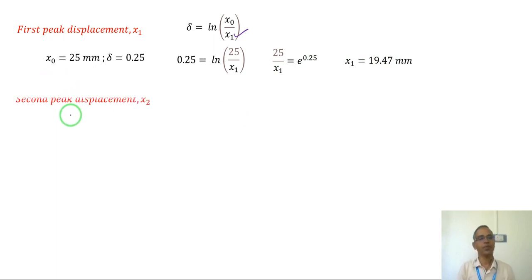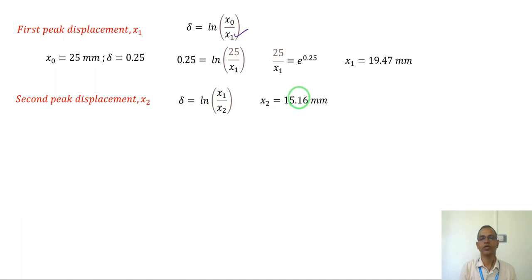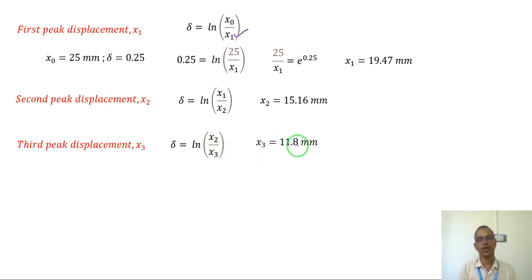Similarly, for the second peak x2, delta equals ln of x1 by x2. Since I already have x1, I can find x2 by the same method: 19.47 by x2 equals e to the power 0.25, taking the antilog. Similarly for the third peak x3, delta equals ln of x2 by x3. x2 is obtained as 15.116, so substituting I get x3 as 11.8.